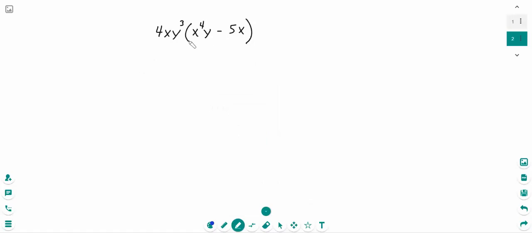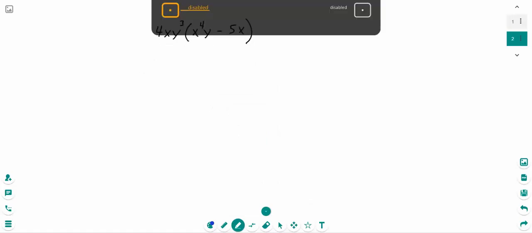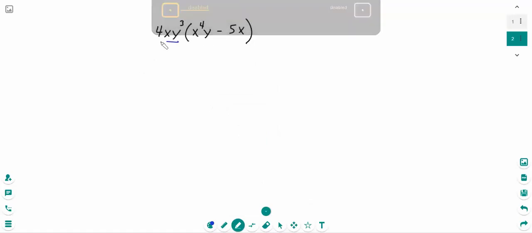So here, we're taking the 4xy cubed and we're multiplying that through the parentheses here. So 4xy to the third, x to the fourth y. Now, maybe for this one, I'll go ahead and write it out. But ideally, if you're very careful, you should be able to do these in your head, at least eventually.